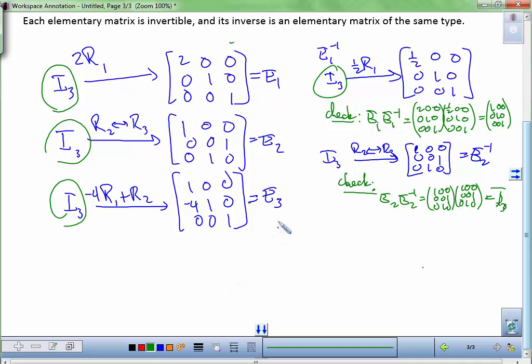All right, the last one. How would we get the inverse of this? How would we go back to the identity? What would I want to do?